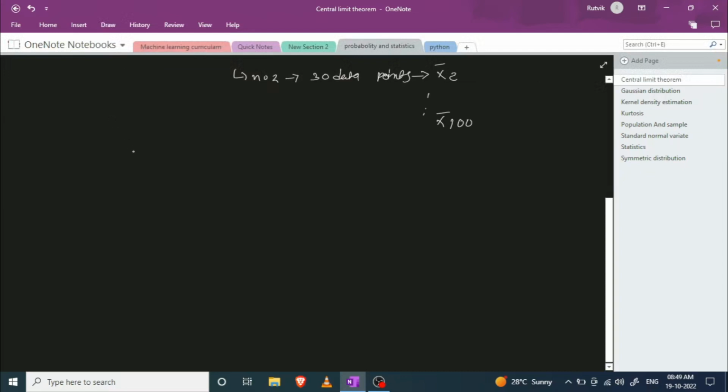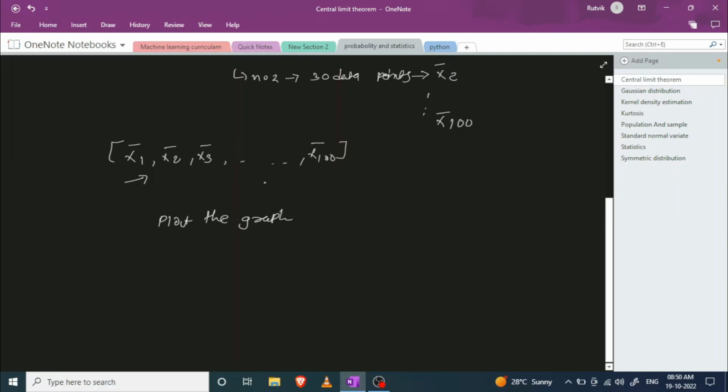Now, whatever means I have, like x1 bar, x2 bar, x3 bar, up to x100 bar, I'm going to use these and plot the graph. And guess what?